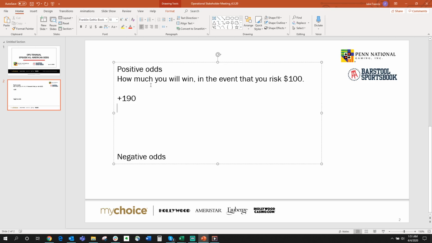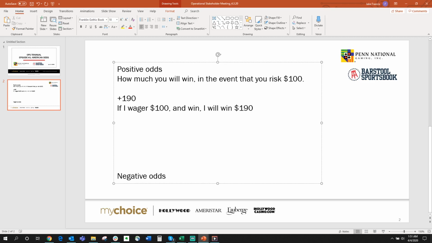Well, remember, this says how much you will win in the event that you risk $100. So, if the odds are plus 190, this means if I wager 100 and win, I will win $190. Okay?